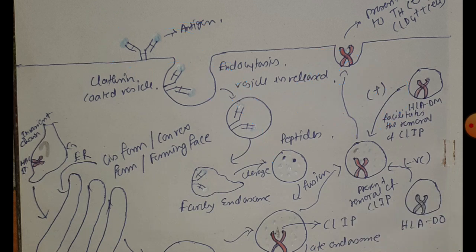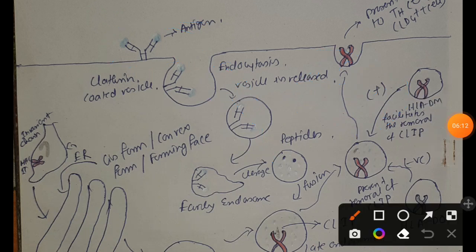Clear? Now the first thing, step number 1, is that the antigen will be coated with vesicles made up of clathrin, because whenever something is going to be taken in by endocytosis, a vesicle will cover that particular particle.